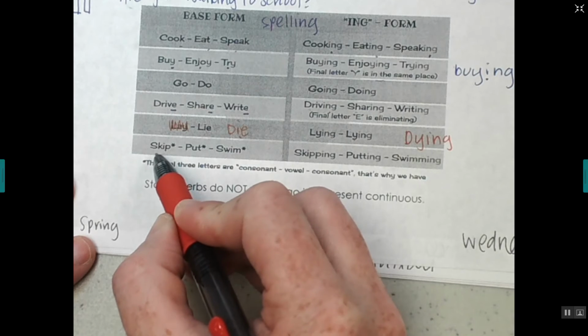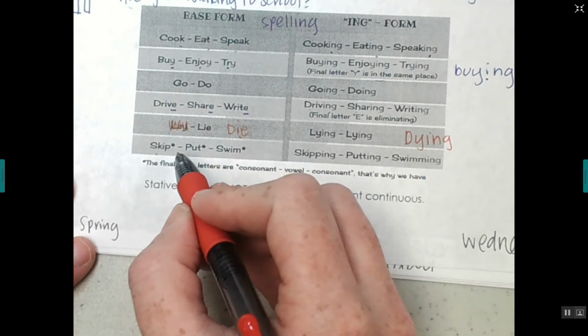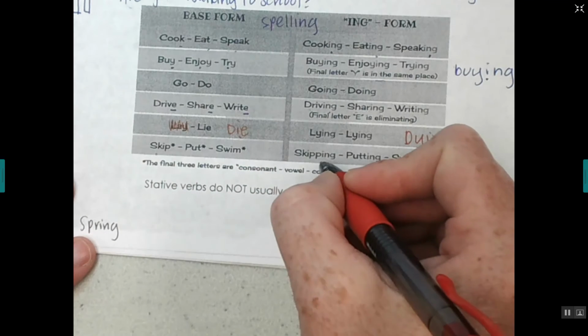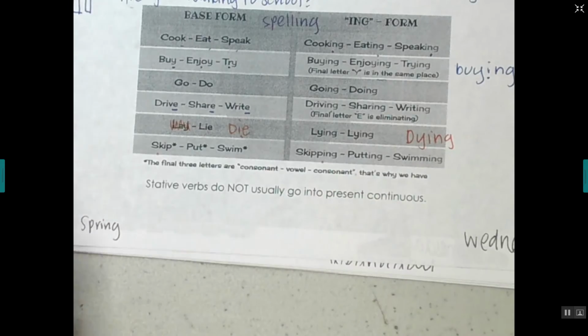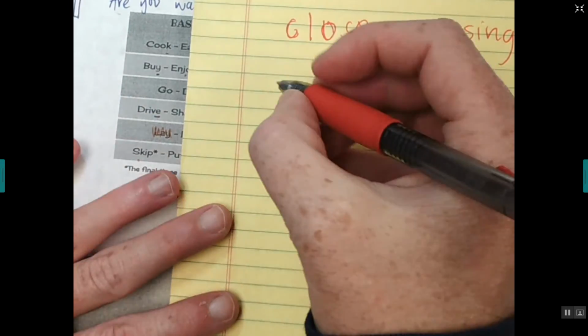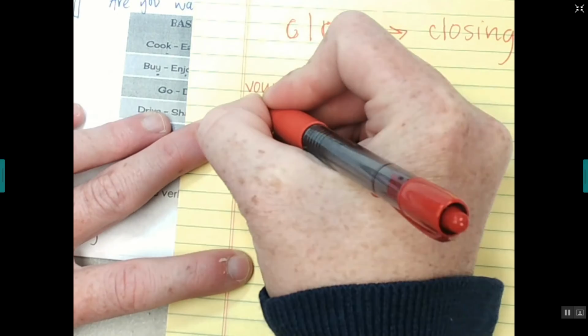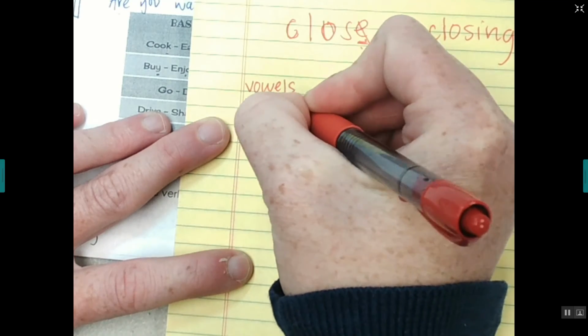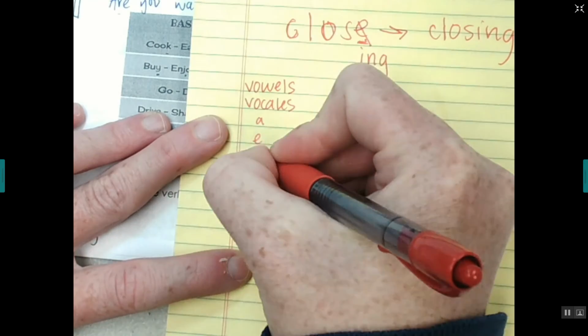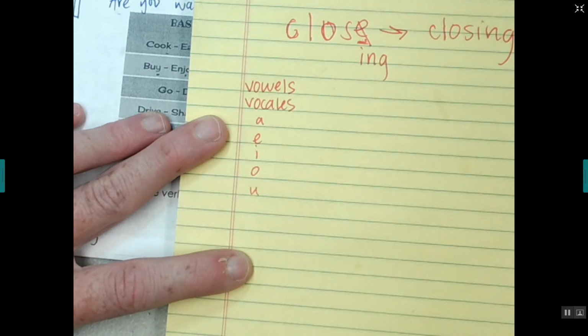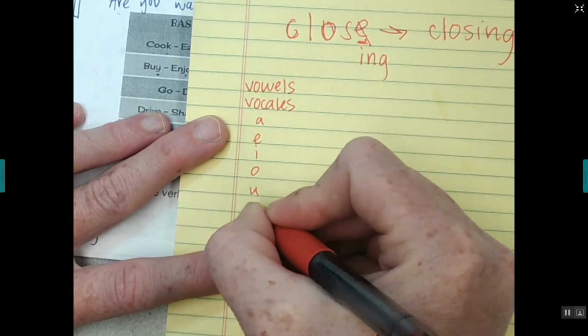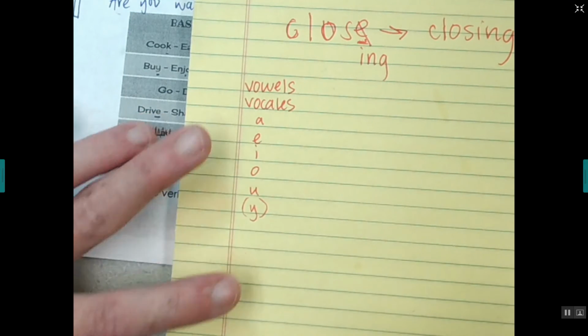If the final of the verb is a consonant, vowel, consonant, then you're going to double the last letter. Okay, so here's what that means. Our vowels, in Spanish it would be vocales. That's A, E, I, O, U. Okay, and sometimes Y. We'll put Y in parentheses.